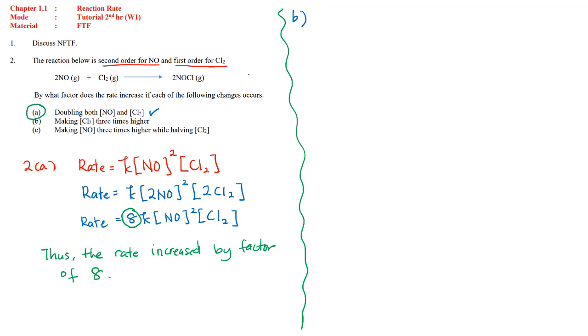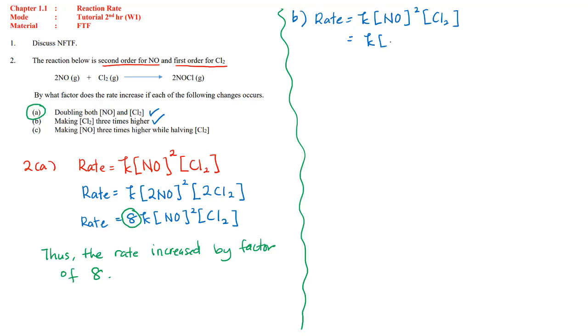Okay, question B, making chlorine concentration 3 times higher. So NO remain constant. So firstly, write the rate law equation. Rate equals to K times concentration of NO power of 2 times concentration of chlorine gas. So now the concentration of chlorine is increased 3 times higher from the previous reaction.